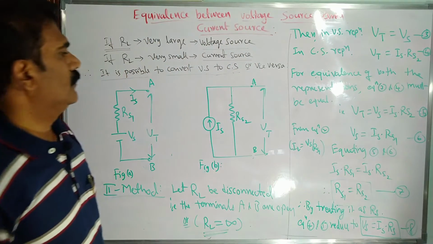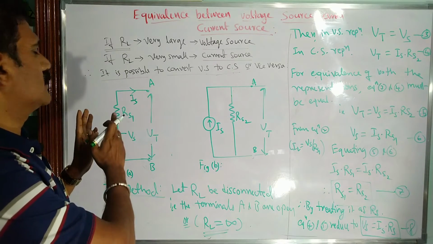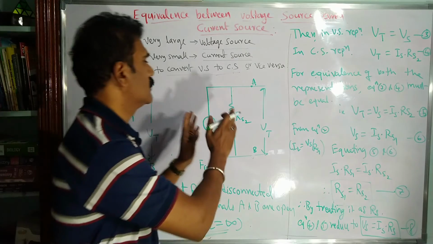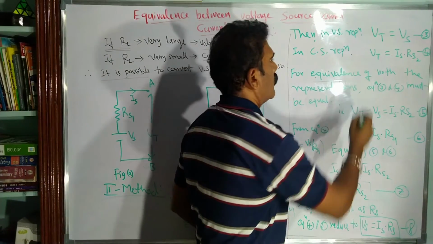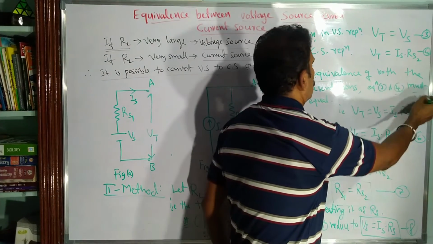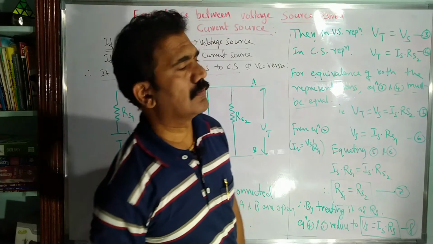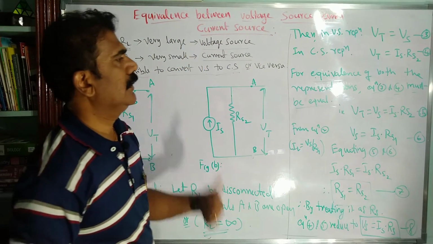Now what is our aim? You have to make the equivalence between the voltage source representation and the current source representation, correct? For that equivalence, both equations 3 and 4 must be equal. Whatever terminal voltage we get across the terminals A and B should be equal.